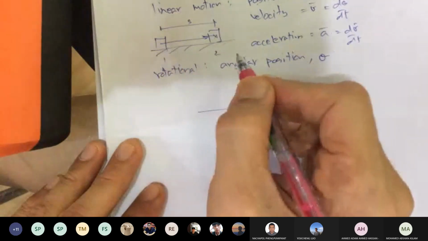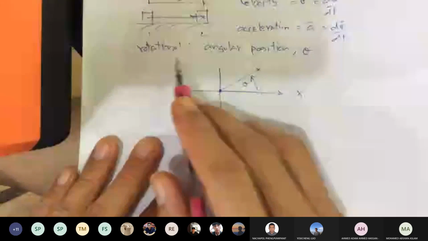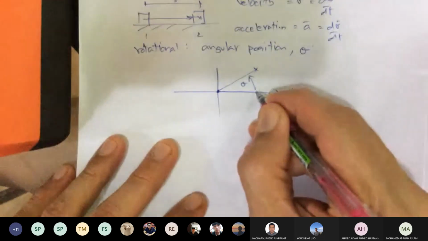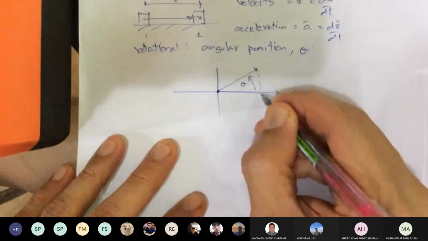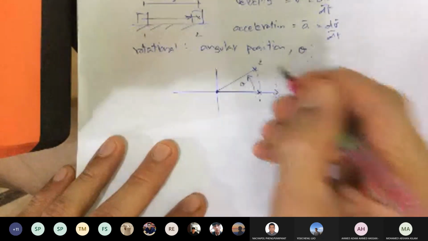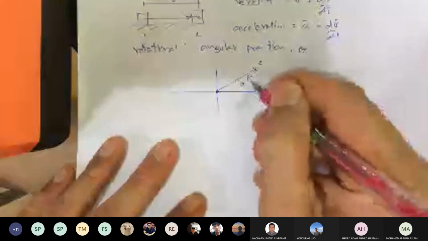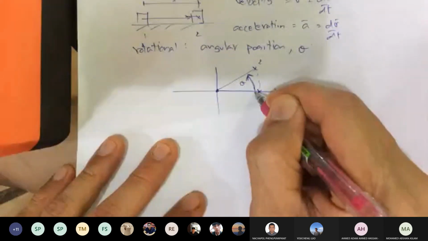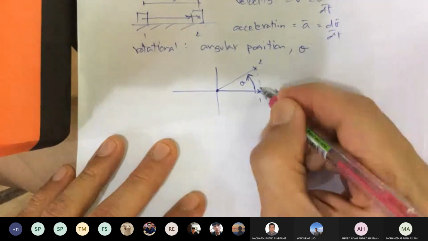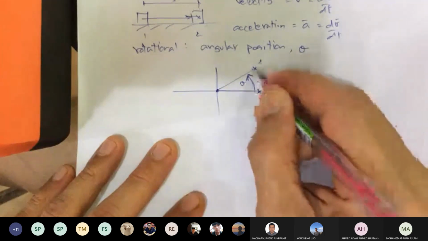So that's linear motion. In rotational motion, I will move from point 1 right here to point 2. So I move at a certain theta degree, or radians, from this point to that point.